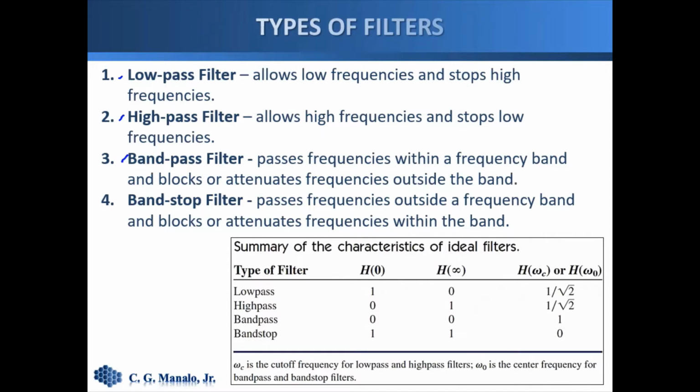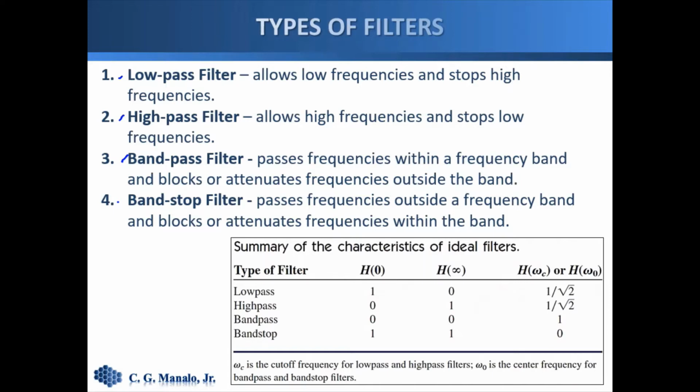The bandpass filter allows a range of frequencies to pass while it blocks the frequencies outside that range. The bandstop filter is the opposite of the bandpass, and it allows frequencies outside a certain band while it blocks frequencies within the band of frequencies.